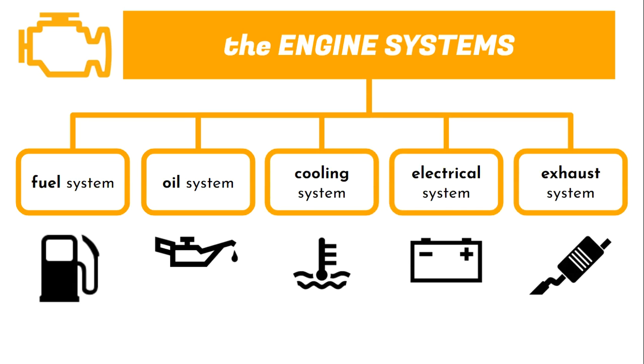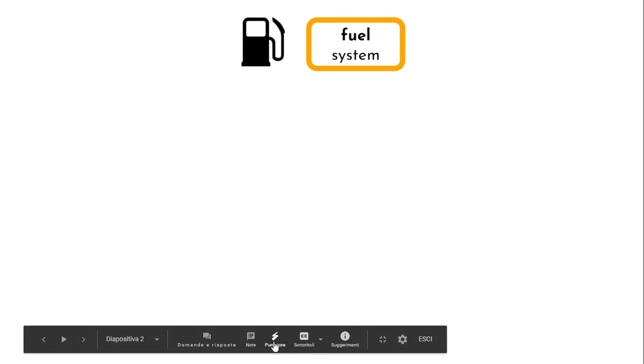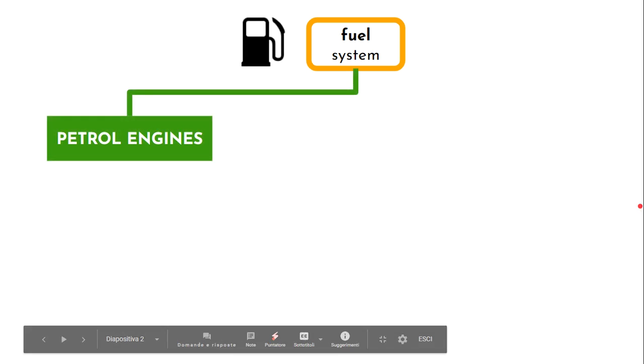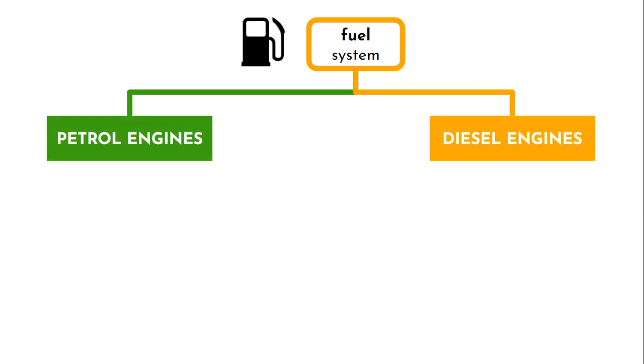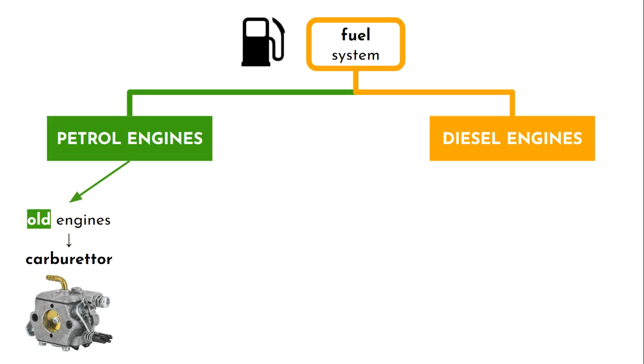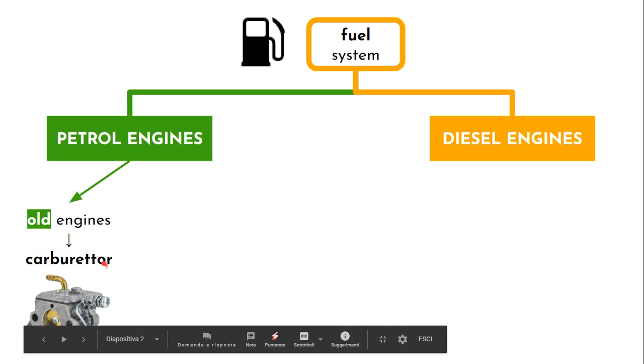Now let's focus on the first one, the fuel system. Now, we need to distinguish between petrol engines and diesel engines. Okay, things change. In the case of petrol engines, once again, we need to make a distinction, dobbiamo fare una distinzione. Old engines actually had a carburetor.